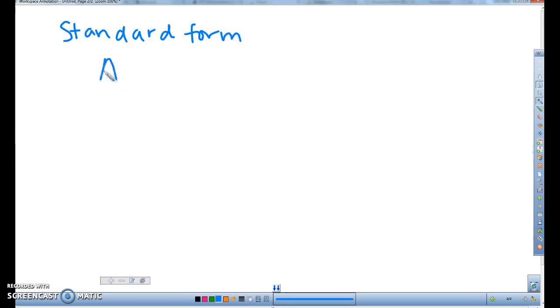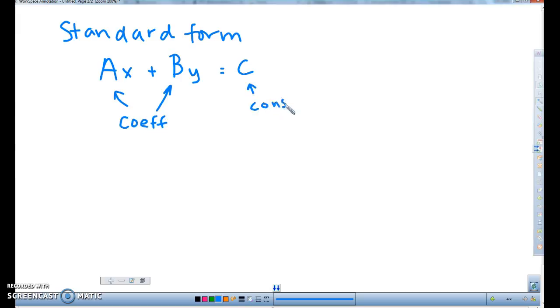And that means I have a times x plus b times y equal to c, where a and b are some kind of coefficients, and c is my constant. Again, we're not going to use standard form all that much, although you will see things in standard form and then have to translate them to slope-intercept form.